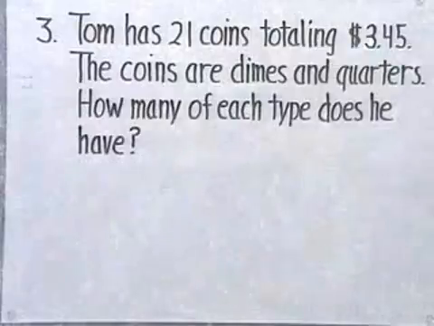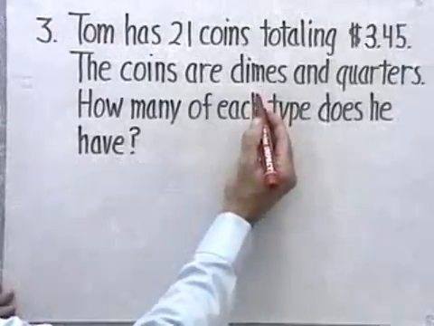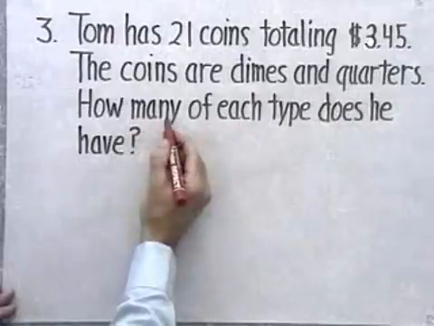Tom has 21 coins totaling $3.45. The coins are dimes and quarters. How much of each type does he have? So I have two different types of coins, dimes and quarters, and I want to know how many of each type I have.